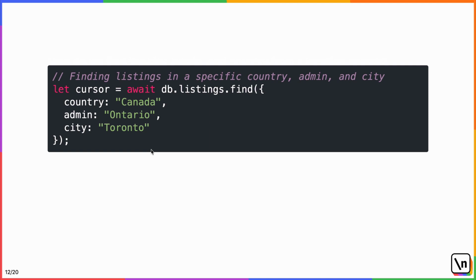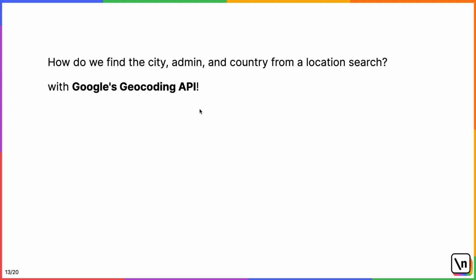However, when a user is to provide an input, whether it's an address, a city, or just an administration, how can we get more focused geographic information for this particular search? This is where we're going to use Google's geocoding API, and we're going to geocode the search input. Or in other words, we'll convert the input provided to valid geographic information.